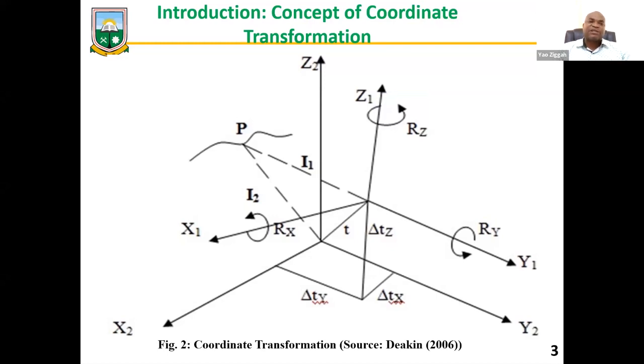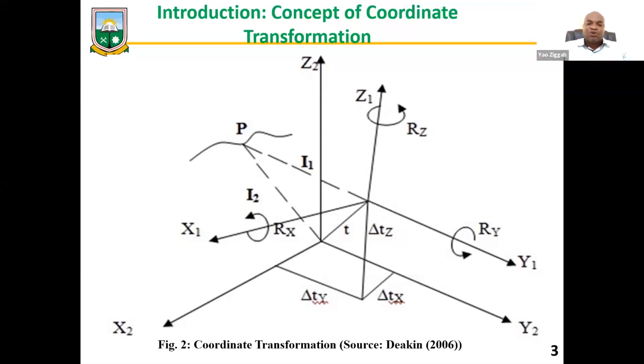So coordinate transformation is something that we do in our daily activities that we may not even know we are doing. And when we talk of transformation, you are looking at two coordinate systems. So now I will talk in respect of the global and the local.